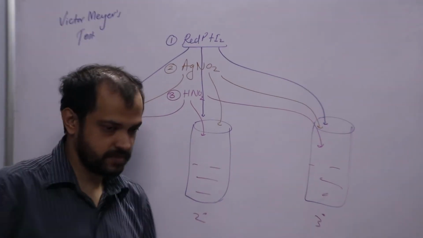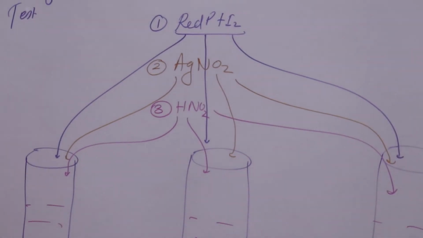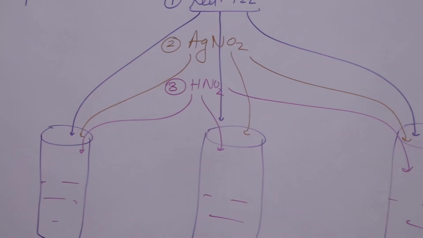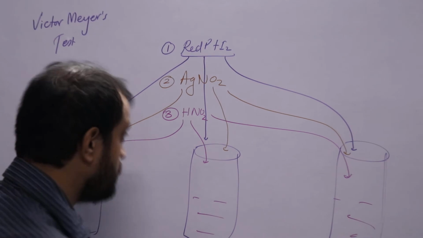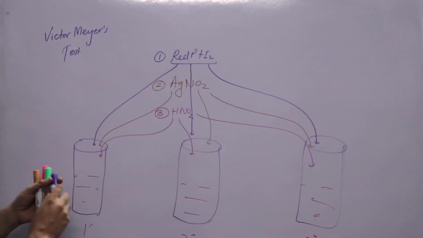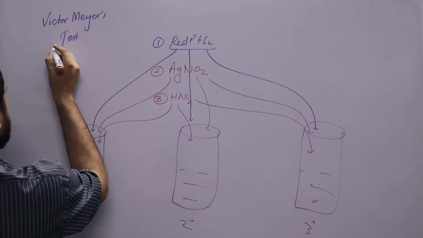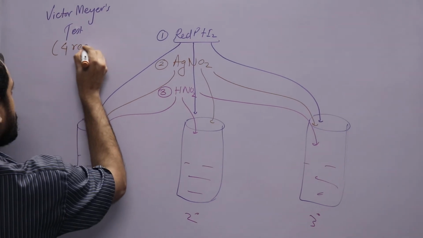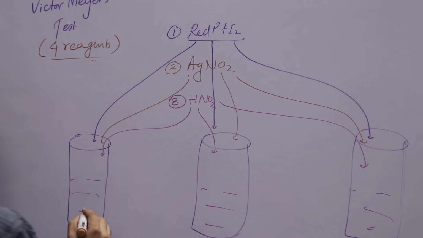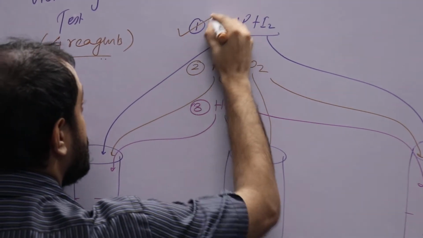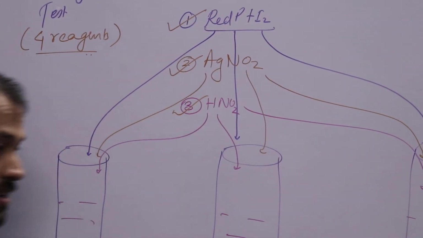Now the final touch is that we will add our fourth reagent. In Victor Meyer's test, there are 4 reagents needed to perform this test. We have already used 1, 2 and 3, so 3 reagents have been used.